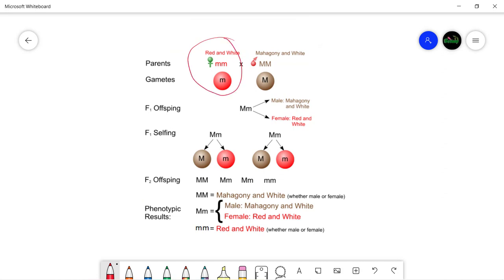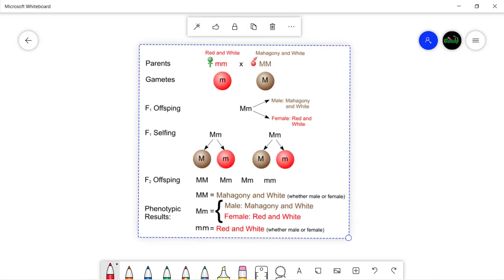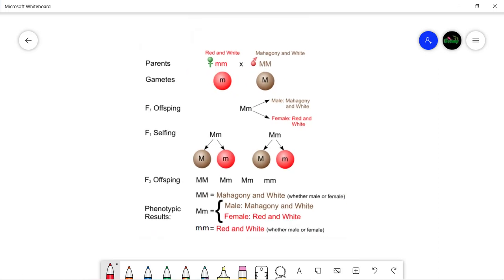These are the females, the cows, red and white, recessive, homozygous, and this is mahogany and white, male, also homozygous, right? Since they are homozygous, they produce one kind of gametes, male and female, and then we cross them, and this is the F1 individual.